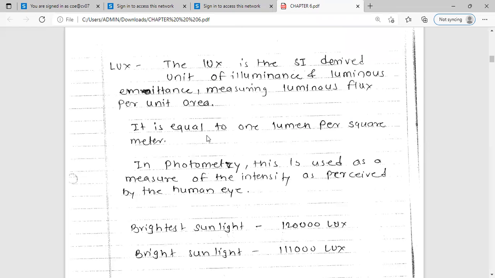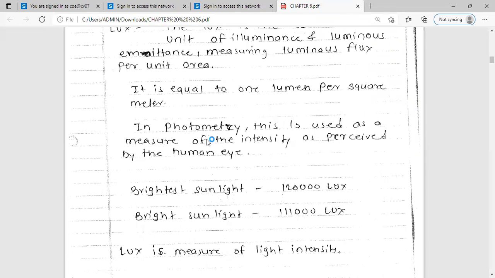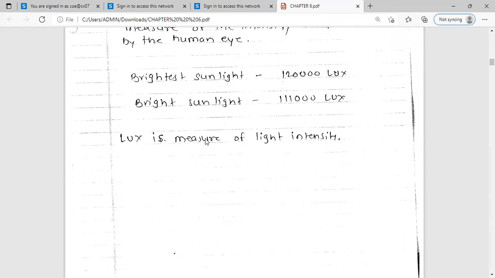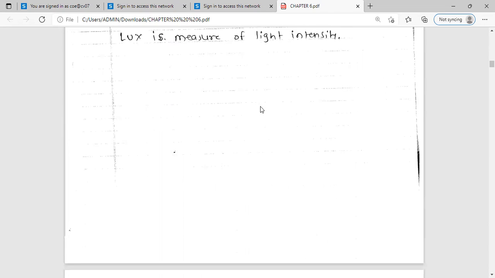It is equal to 1 lumen per square meter, as we have already seen. The brightest sunlight is about 120,000 lux, and bright sunlight is about 111,000 lux. Lux is a measure of light intensity. Light intensity measure करण्यासाठी आपण lux हे unit use करतोय.